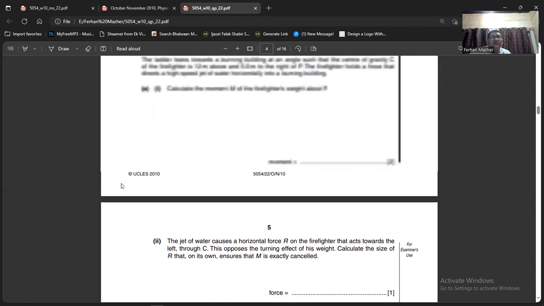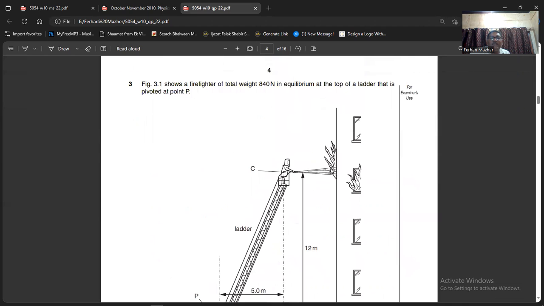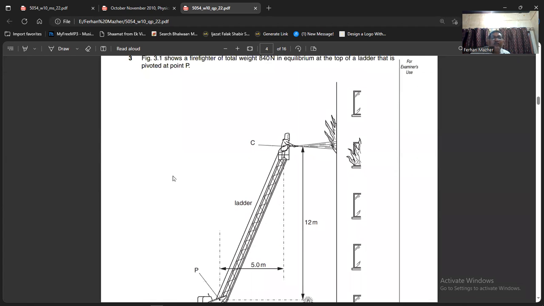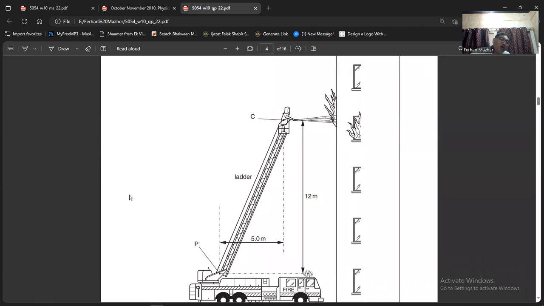Okay. So due to the jet at point C, a force is exerted on this firefighter towards left. So it's trying to produce an anti-clockwise moment, and that will cancel the clockwise moment produced by the weight of this firefighter. Because here the reaction force will be acting in this direction.